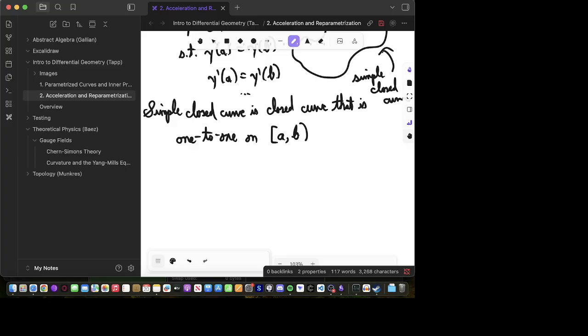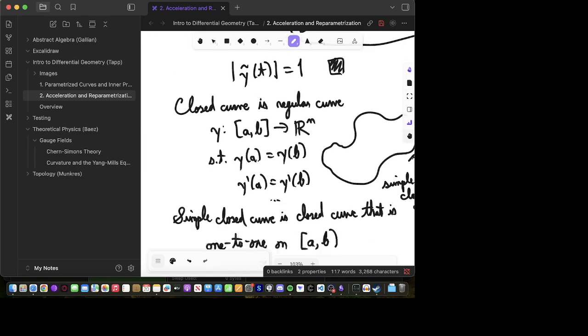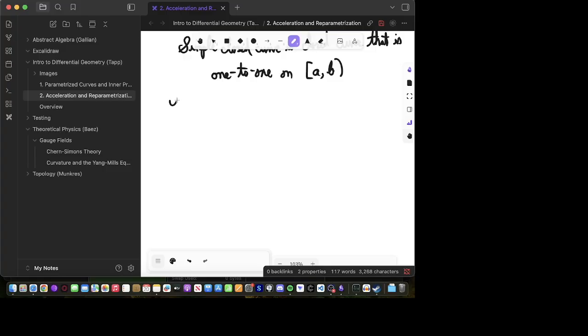Let's write this down as a proposition. Our proposition here is going to be an if and only if statement, and that means that we have to prove both ways.